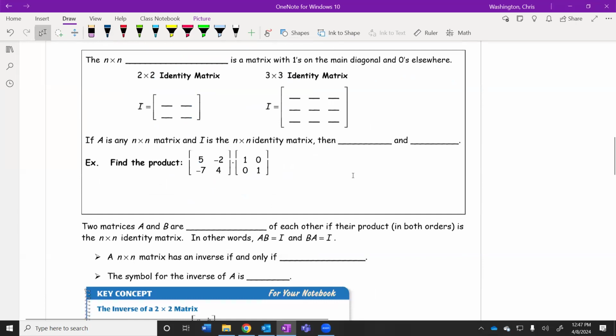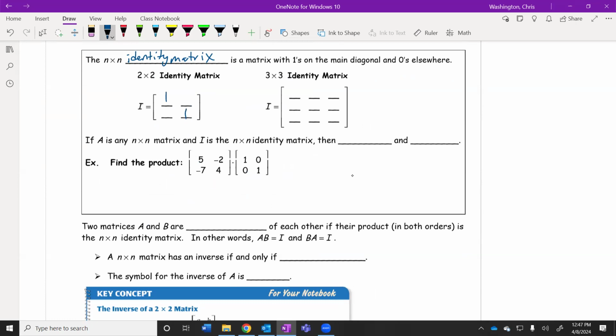All righty. Rolling right along. The n by n, we call this the identity matrix. The n by n identity matrix is a matrix that has ones on the main diagonal and zeros everywhere else. The main diagonal is going to be from the top left down to the bottom right.